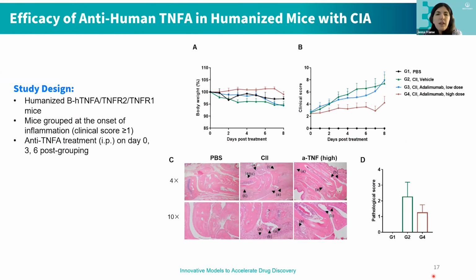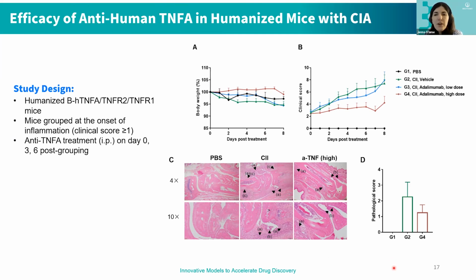In this next study, we used a different strain of mice humanized for the TNF-alpha signaling pathway. These mice were induced to develop CIA as previously described, and when the clinical score was greater than or equal to 1, the mice were randomized and treated with anti-TNF antibody on days 0, 3, and 6 post-grouping.